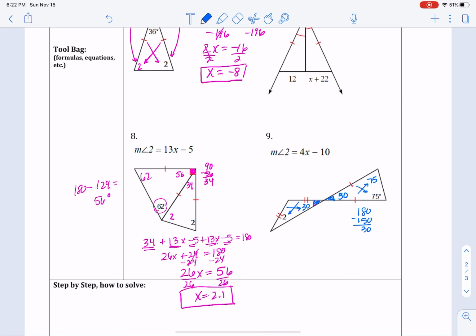Because these are the congruent sides and congruent angles, that means this 2 is 4x minus 10. So now I know that those are congruent. That means that 4x minus 10 equals 30. When I add 10 to both sides, I get 4x equals 40, so x is 10.